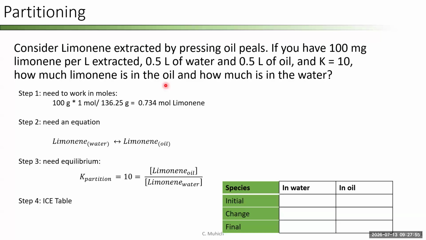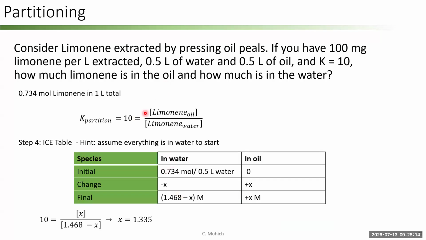That's completely okay. We can just assume that it's all in one or the other, because at equilibrium we don't care where we started, we only care where we ended up. So let's assume things started in the water.